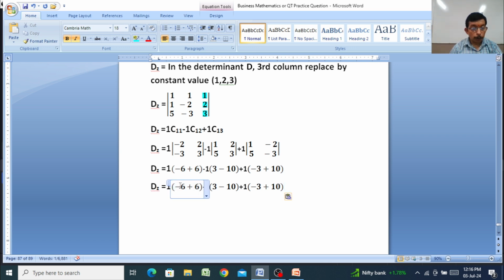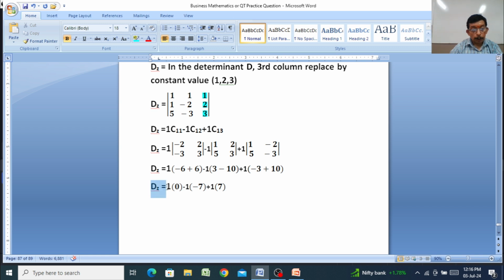Note down 0. 3 minus 10 is equal to -7. Note down -7. -3 plus 10 is equal to +7. Note down +7.